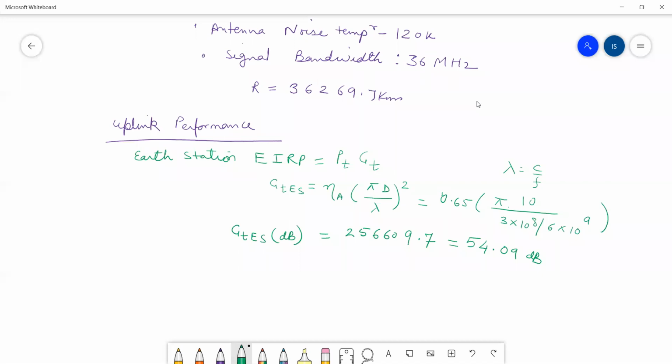Okay, so that is GT done. Now we have to calculate PT in dB. So the transmitted power is 100 watt, given.